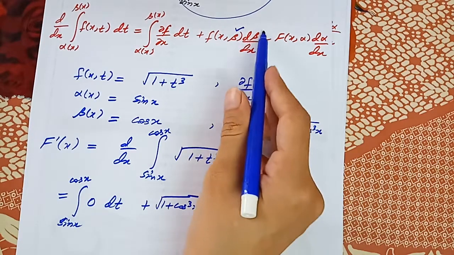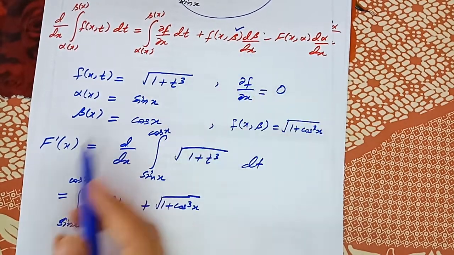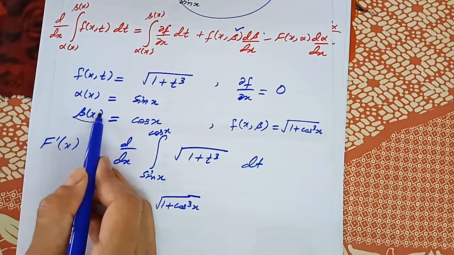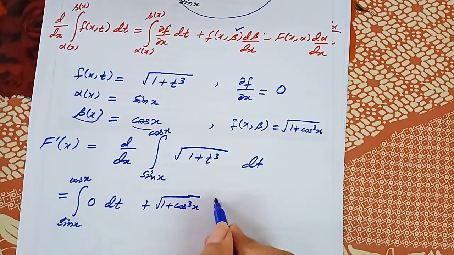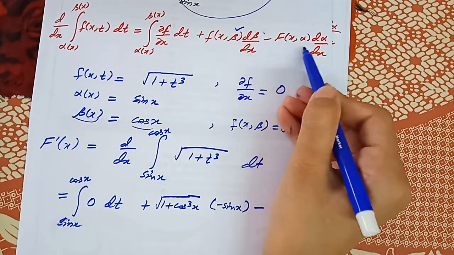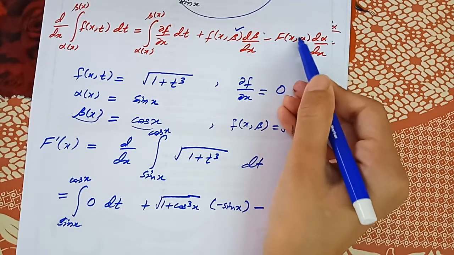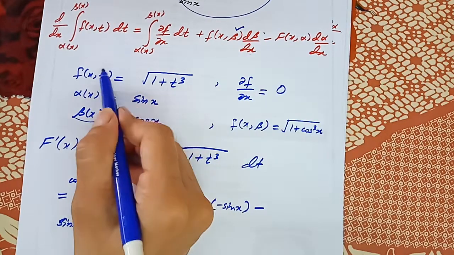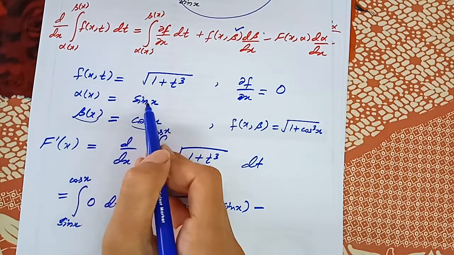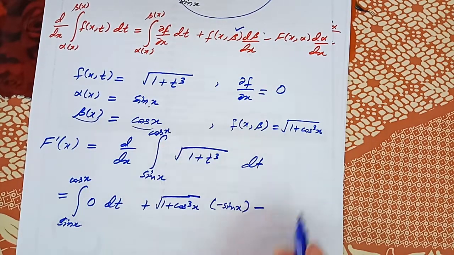Now you need the derivative of beta with respect to x. So the derivative of beta with respect to x is minus sine of x. Minus, replace your t value with alpha. So in place of t, I'm going to replace alpha. So it's going to be square root 1 plus sine cube of x.